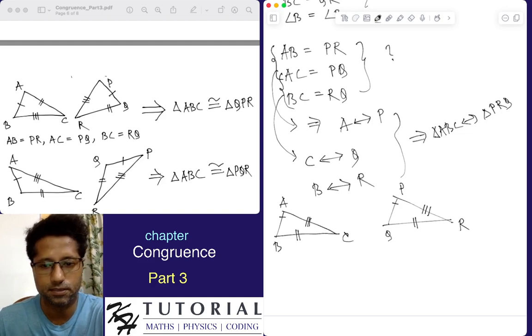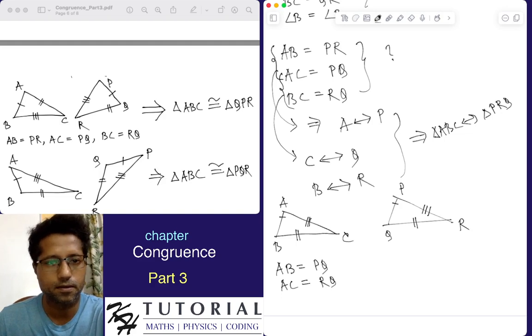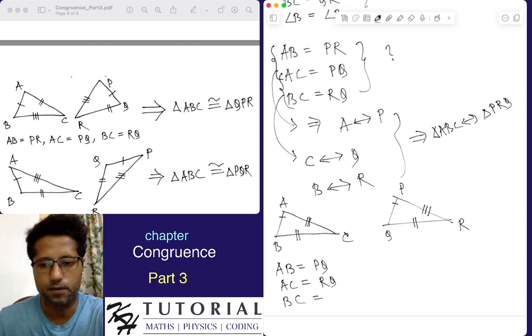So as per the figure in the notes, what is given is AB is equal to PQ, AC is equal to RQ, and BC is equal to PR.